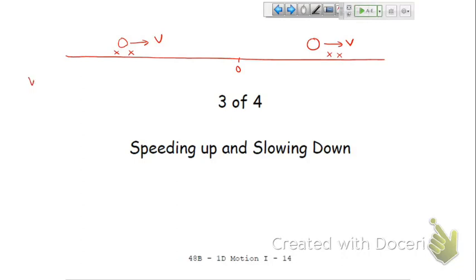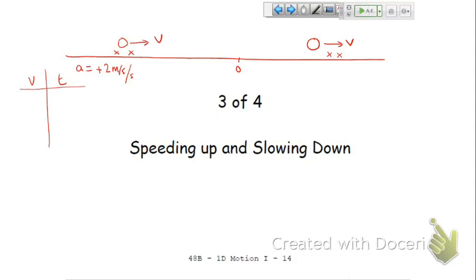So if we have our velocity versus our time, and let's say that our acceleration equals plus 2 meters per second every second. That's the way I was taught it, meters per second every second. So you change your velocity by plus 2 every second.